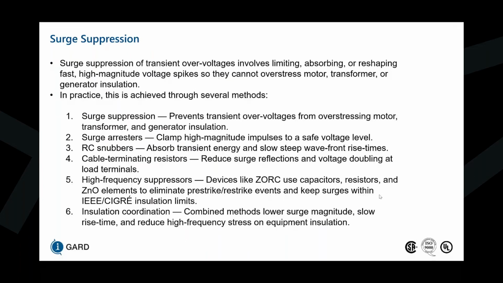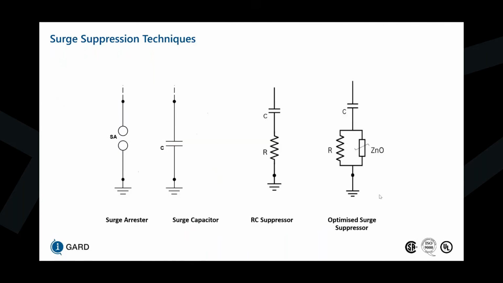Insulation coordination, so combined methods lower surge magnitude, slow rise time, and reduce high frequency stress on equipment insulation. So right now, for most part, we see a lot of surge arresters in the industry.